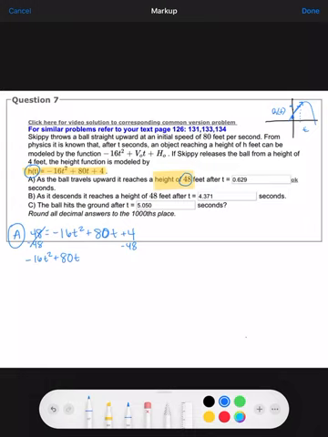And then negative 48 plus 4 is going to be a negative 44. And this is going to be equal to 0. So now that it's equal to 0, I could try and factor this. I could complete the square, or I could use the quadratic formula.